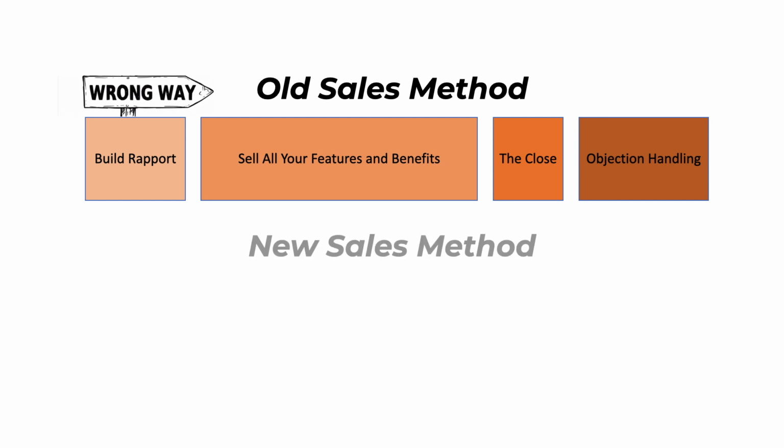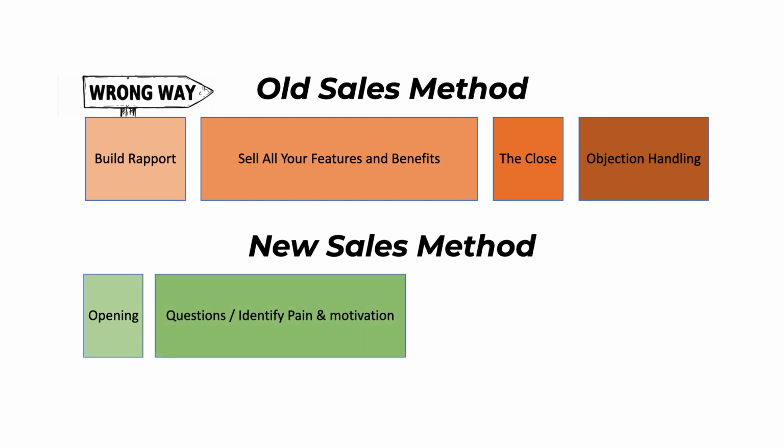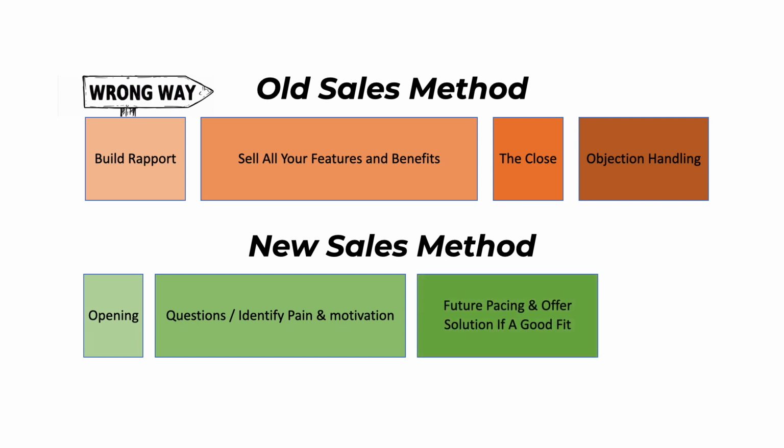Whereas today's way of doing things, the new sales method, is far, far more efficient, where your opening is to set the authority, set the scene, set the agenda for the call. Then it's just a case of asking some nice questions, identifying the pain points and the motivation and the reason that they want to change. And this is the point where the client will actually sell you on why they need your solution. And then all you talk about is the future, the pacing.